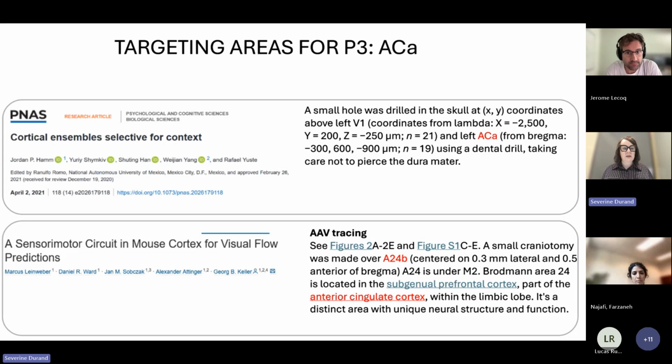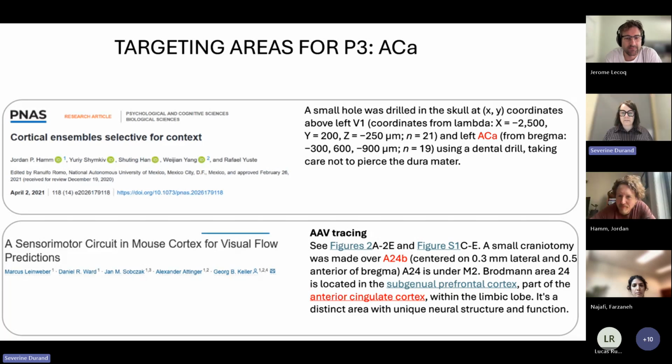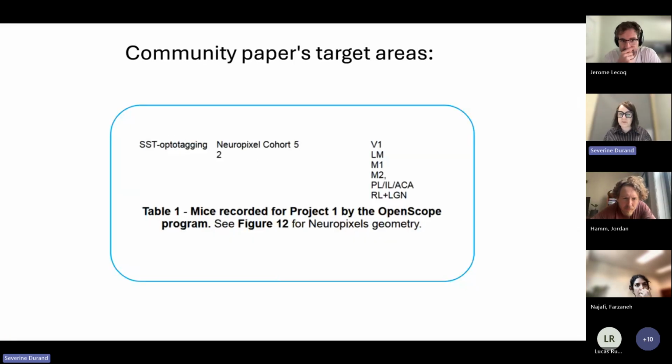And I think we have Jordan with us today, so I'm looking forward to his input on this also. From the community papers, targeting area, that's what people have decided on. So that's V1, LM, M1, M2, PL, IL, ACA, RL and LGN. So I did my best to try to emulate this choice.